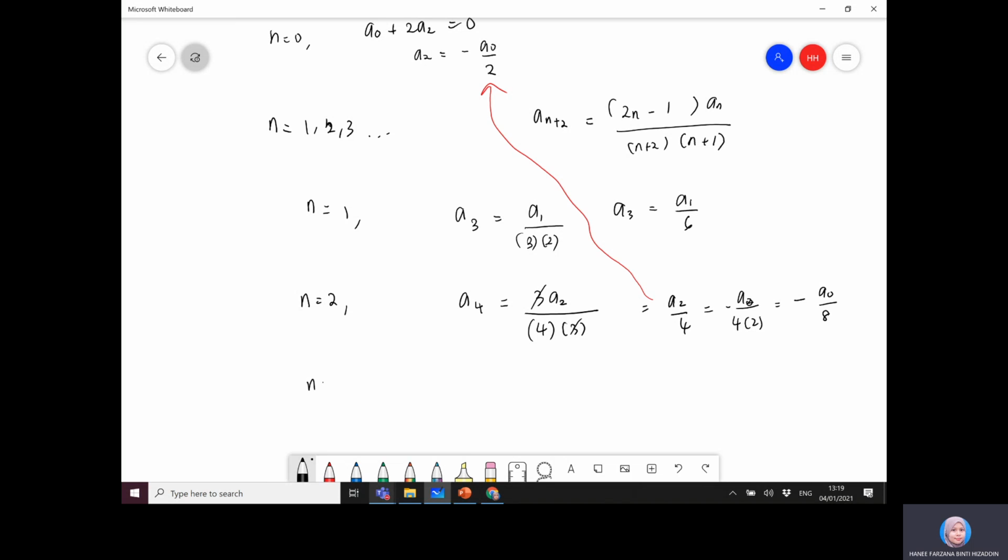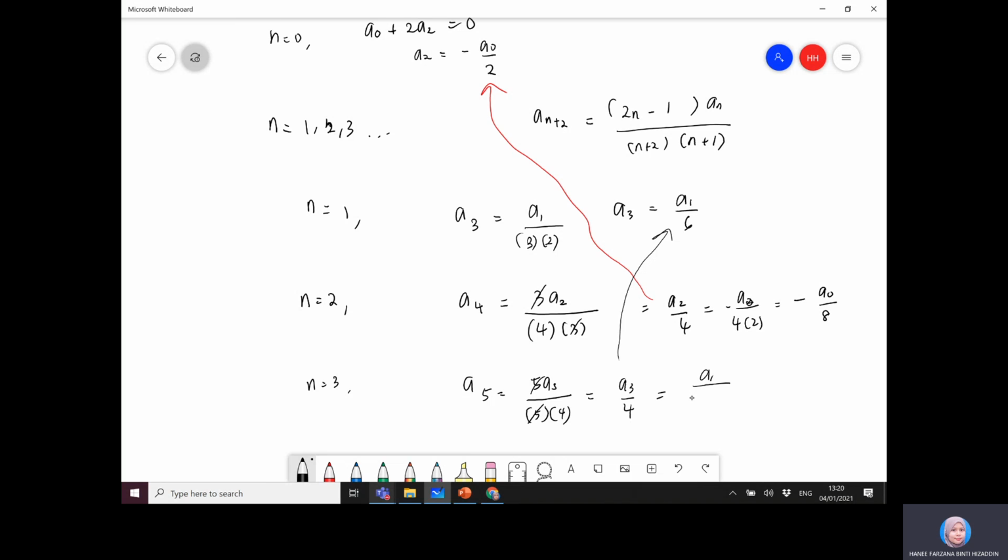Then n equals 3. So a5 equals 2 times 3 minus 1, which is 5, a3 over 5 times 4. You have a3 over 4. Then a3 is what? a3 is this, a1 over 6.